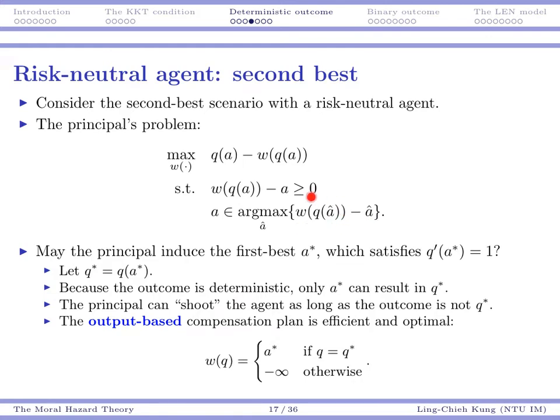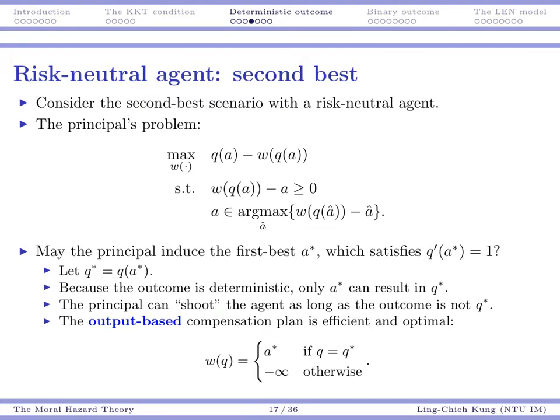Okay, this is the amount of money he can earn, and this is the cost. Notice that the agent is going to choose an effort level and knows how much that effort level transfers to the outcome and how the outcome can be translated into his own payment. Okay, and let's use A to denote the equilibrium choice.